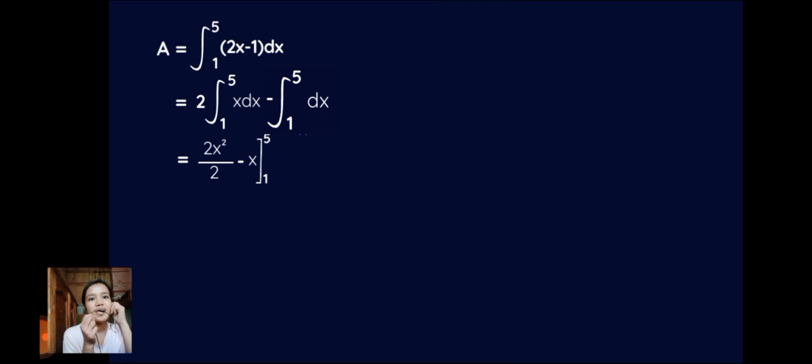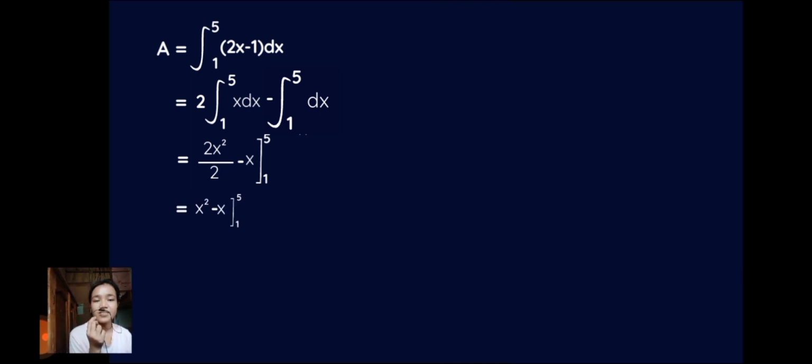So, 2x squared over 2 minus x. Why does 1 become x? It is because we are using anti-differentiation. After that, replace x with 1 and 5 and proceed with the definite integral.